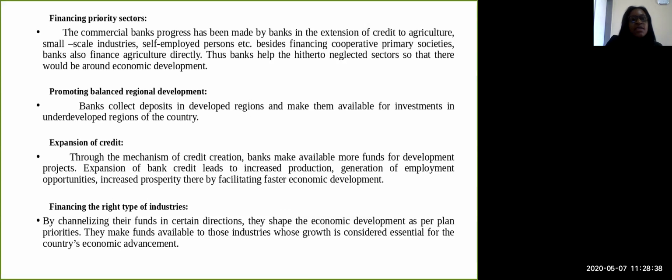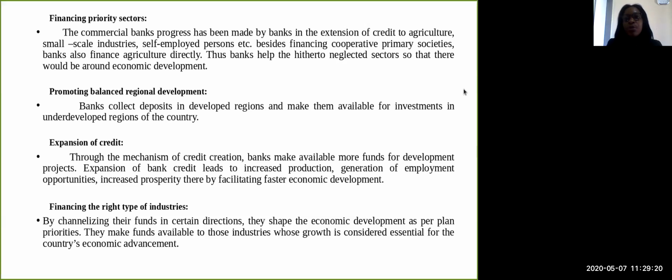The next one is financing priority sectors. Progress has been made by commercial banks in the extension of credit to agriculture, small-scale industries, self-employed persons, etc. Besides financing cooperative primary societies, banks also finance agriculture directly.